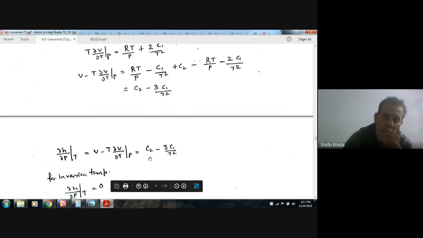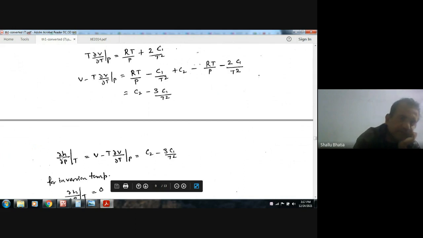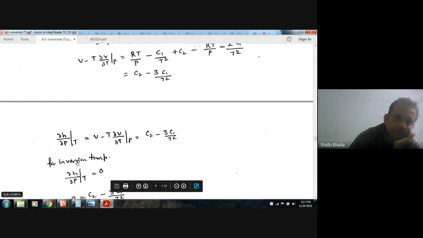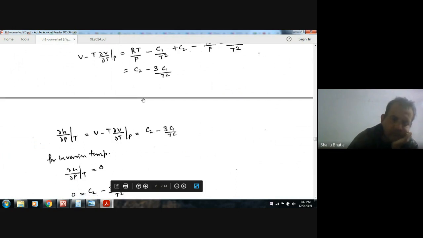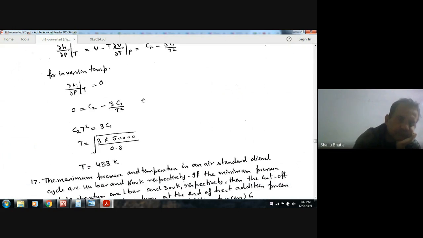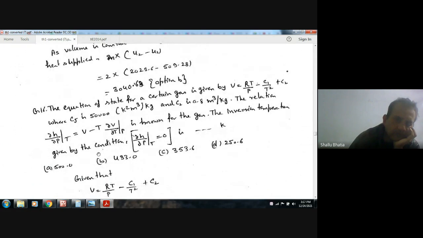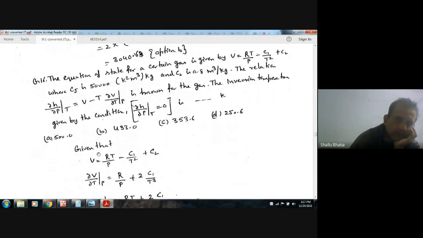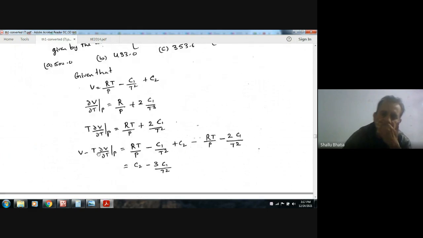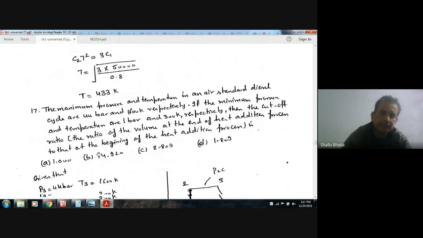Now for the inversion temperature, del H by del P at constant temperature is 0. So by putting this equal to 0, as the values of C1 and C2 are given, we can get the temperature as 433. Next.